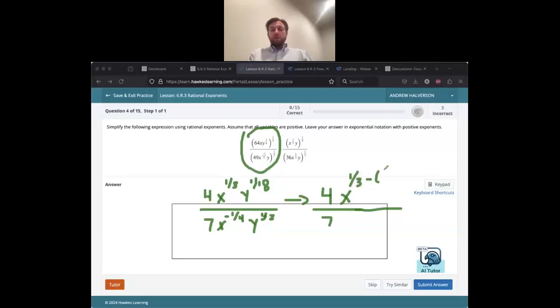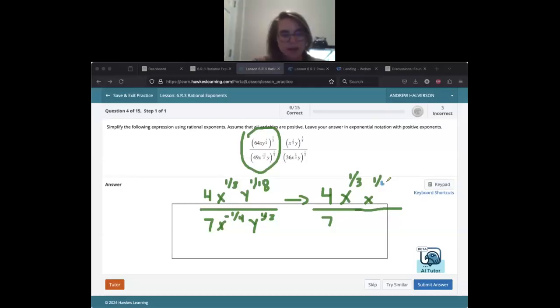So here's my question. Do you want to address the x to the negative 1/4 first? Could we address that first? You bring it above the fraction line, to the other side of the fraction line, and make it positive. Yeah, that's a good point. I actually like that way better.